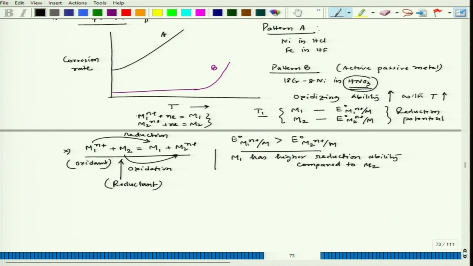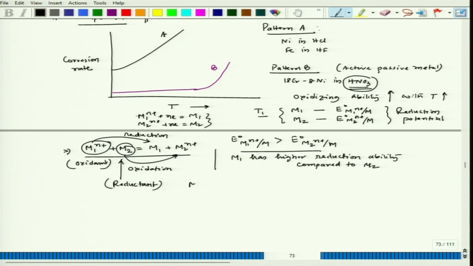Now, when we have such a situation, we can also say that M1 n+ is oxidizing M2, but M1 n+ is getting reduced. So, M2 is reducing M1 n+.